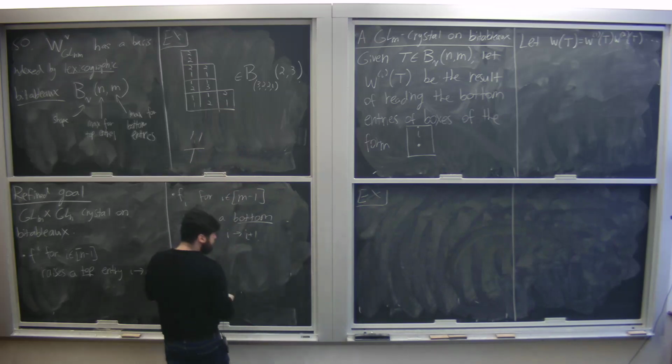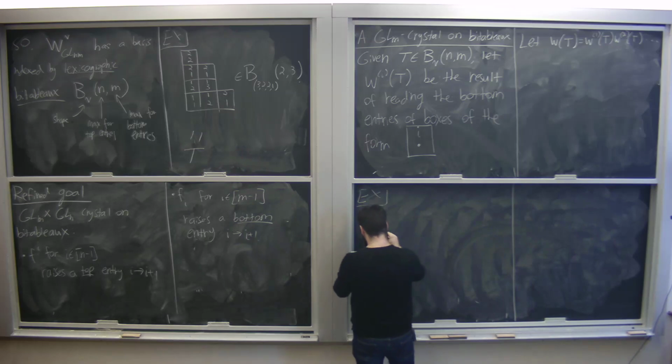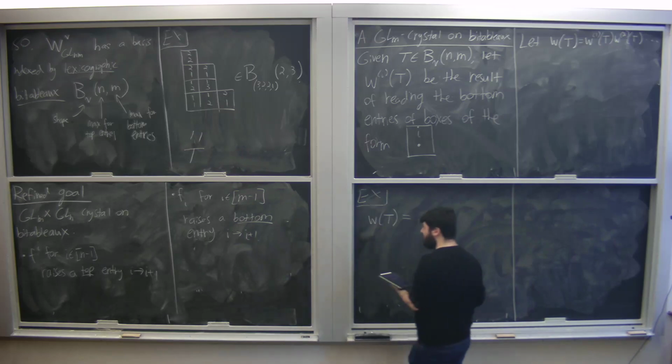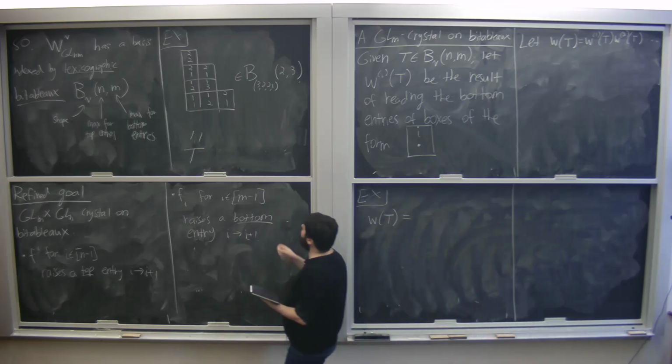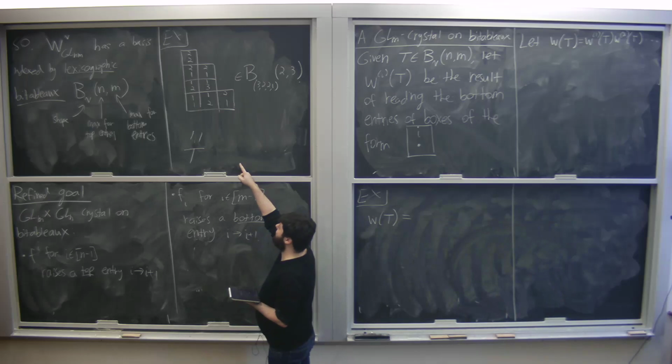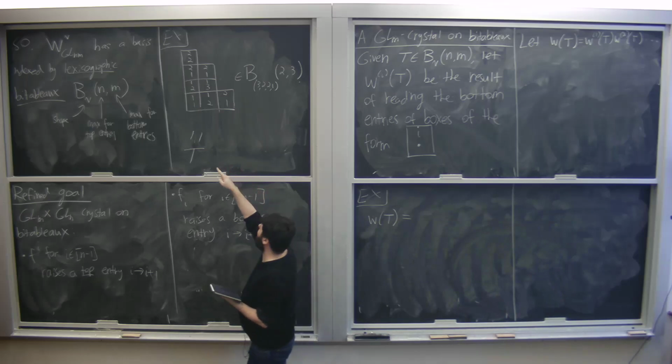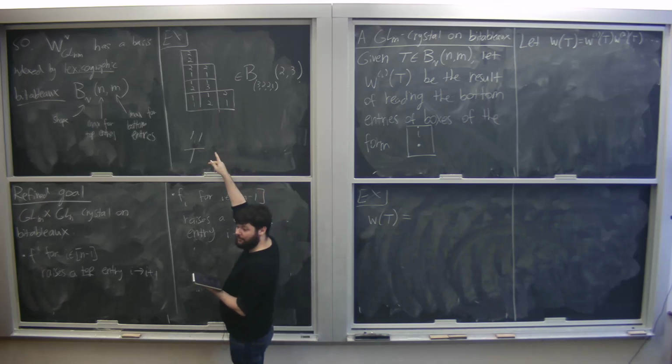So this up here is our T. In this case, for W of T, we're first going to focus on just the boxes whose first entry is 1. That forms this 2 by 2 square. If we read off the bottom entries, we get 2, 3, 1, 2.